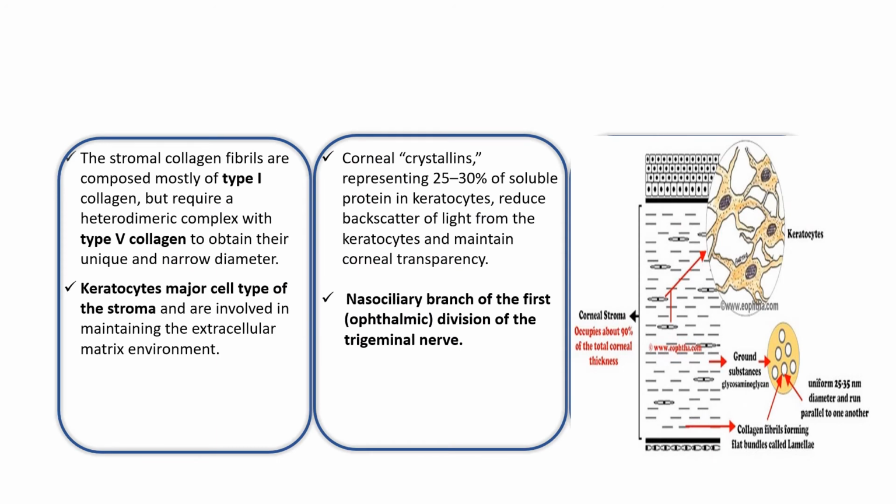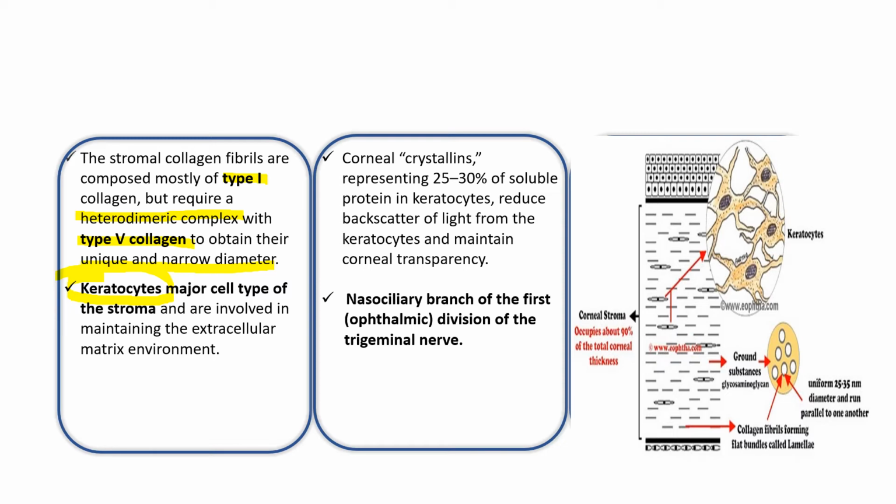Now the stromal collagen fibers are mostly made up of type 1 collagen, but in addition they form a heterodimeric complex with type 5 collagen, and this results in their unique and narrow diameter. In addition to type 1 and type 5 collagen, they are surrounded by specialized proteoglycans, which have keratan sulfate, chondroitin sulfate or dermatan sulfate side chains, and the major cell type are the keratocytes.